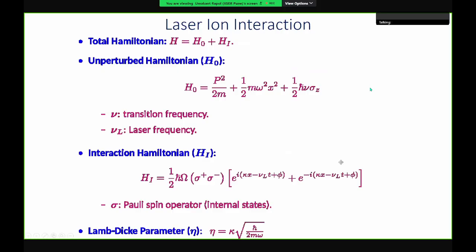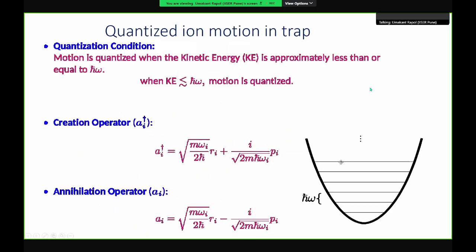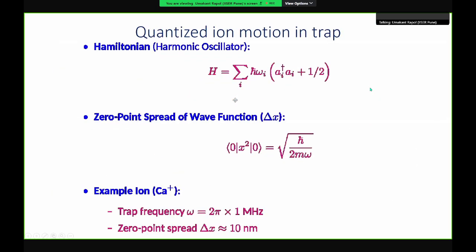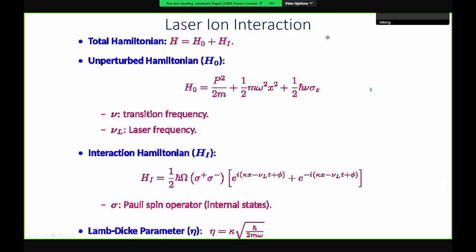Now, what is important is to find out how one couples these motional modes by exciting the internal state of the ion. To do that, you look at how the laser interacts with the ion, and the total Hamiltonian: the unperturbed Hamiltonian of the atom and the interaction Hamiltonian. So this is the Hamiltonian of the ion in the trap, the kinetic energy and the potential energy.